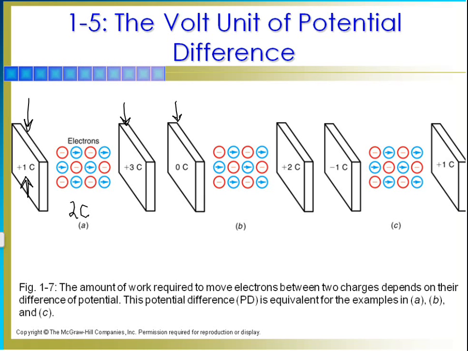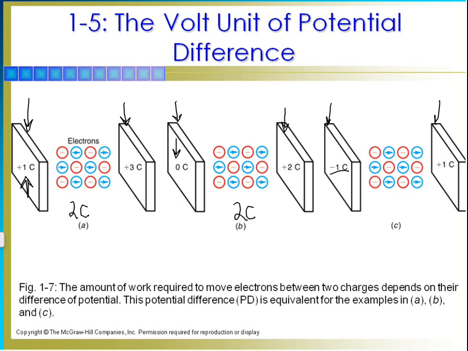Over here, we have an almost neutral charge, 0 C's, versus this plate that has positive 2 C's of charge, heavy on protons. But the result is still 2C of charge. Over here, heavy on electrons, minus 1C of charge.